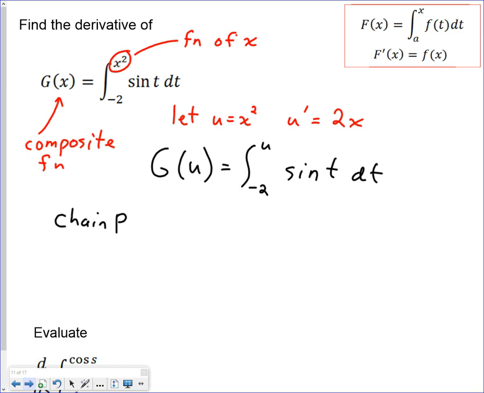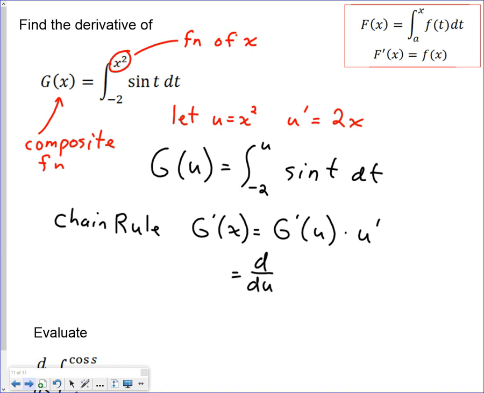Our chain rule, well, if we want to find g primed with respect to x, that's going to be g primed with respect to u times u primed. So the derivative with respect to u times the derivative of the inner function. So the derivative, g primed at u, is going to be d by du of g at u times u primed.